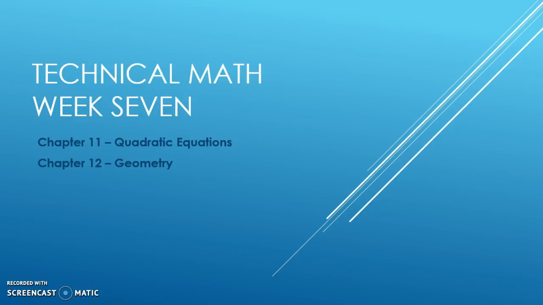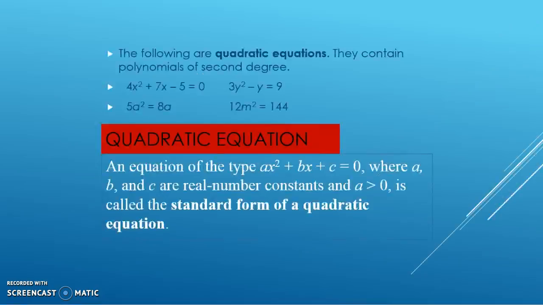So let's take a quick look at the quadratic equation chapter. I want to point out to you that we're actually learning how to solve a quadratic equation. So in other words, we're trying to find a number that will make this particular equation true. And these are several examples of quadratic equations. Quadratic equation simply means that it is of the degree 2.